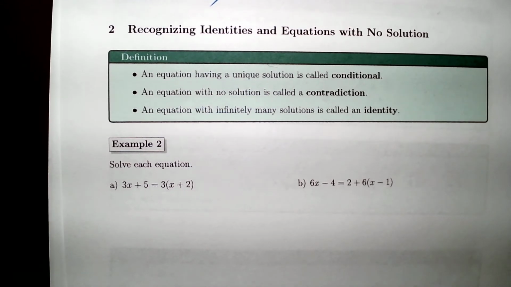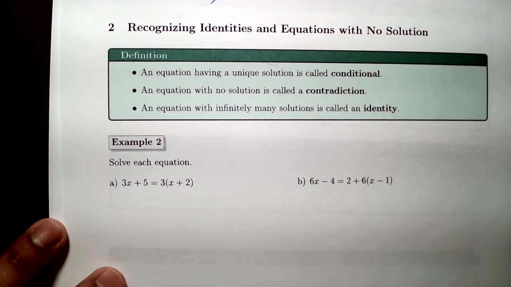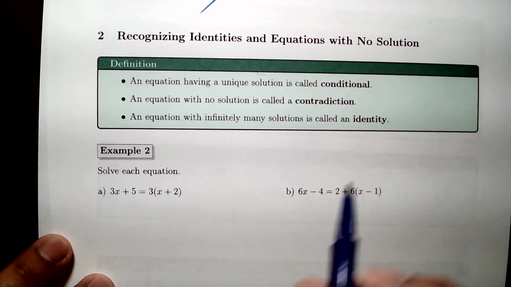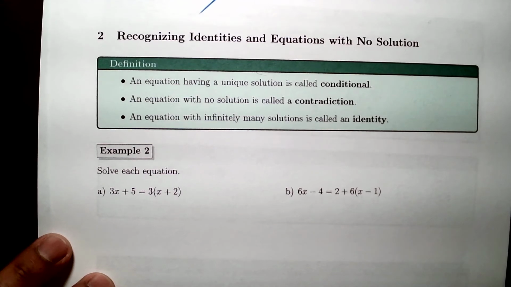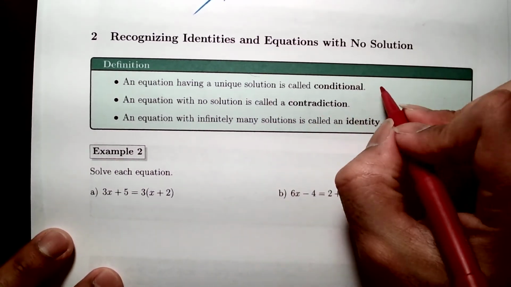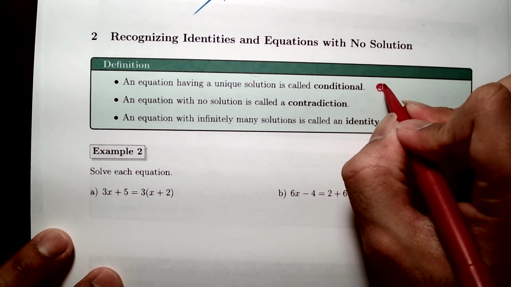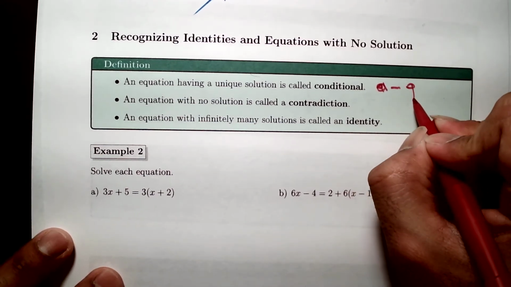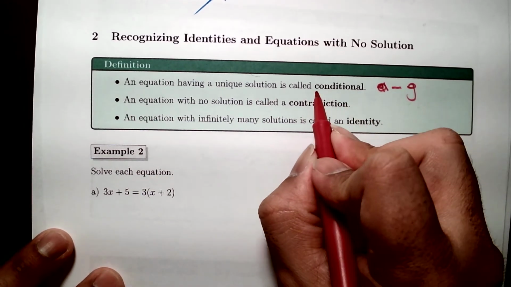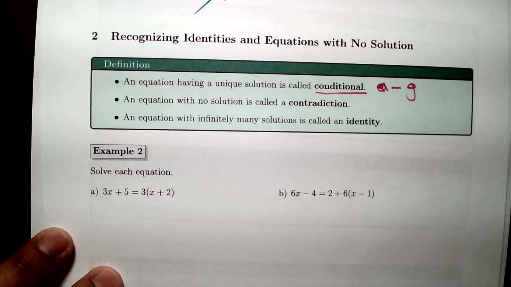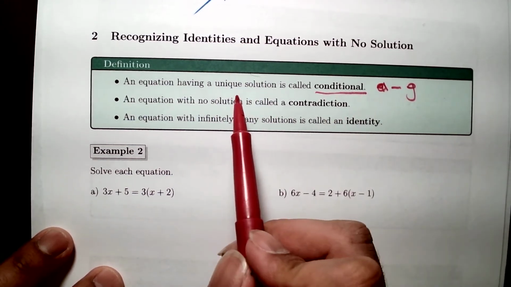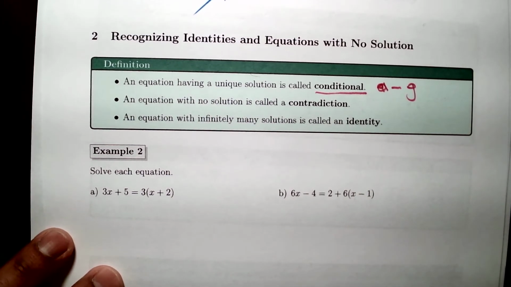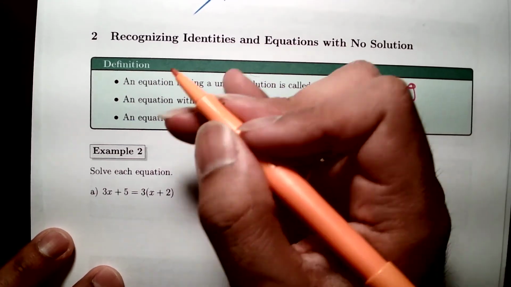Alright, so for example, let's look at these pieces of information. So far, those examples that we did from A through G are conditional equations, and those are called conditional because they have a unique solution.